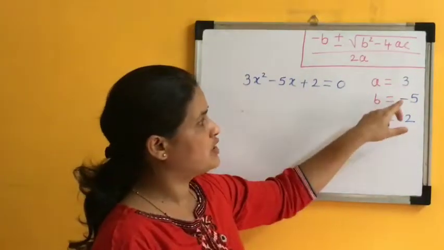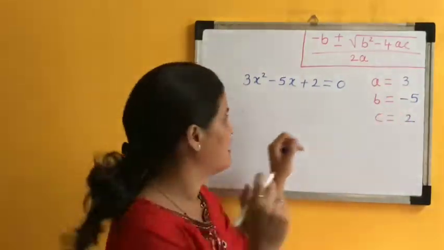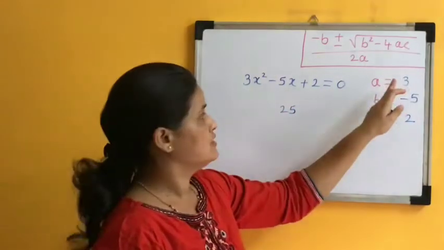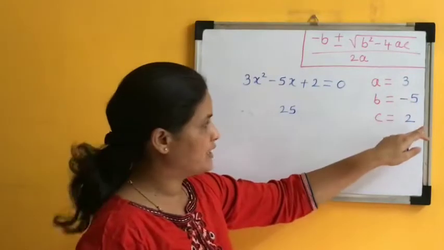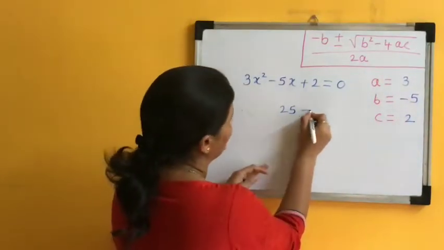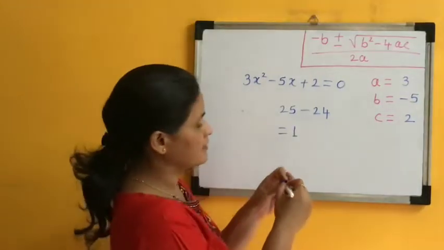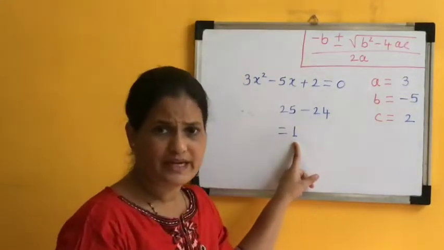So b square is what? Minus 5 ka square is 25 and minus 4ac. 4 into 3 is 12, 12 2s are 24. So 25 minus 24, that is equal to 1, and this is greater than 0, right friends?